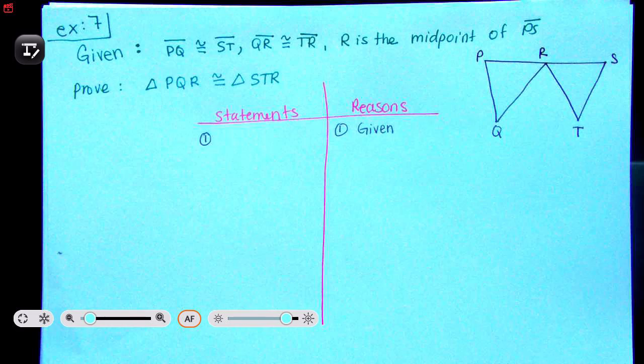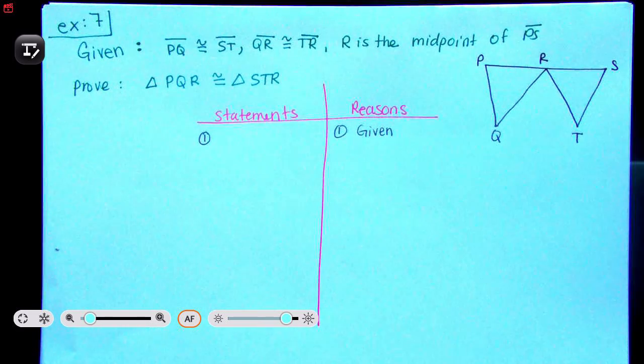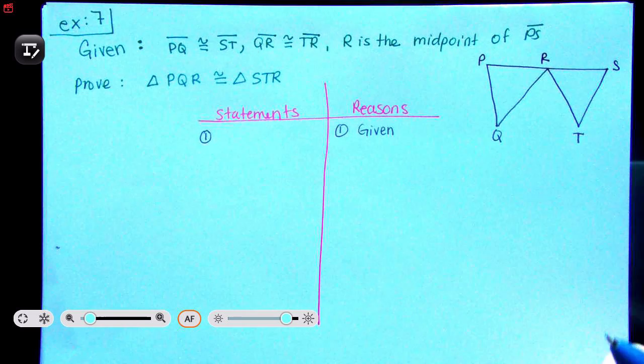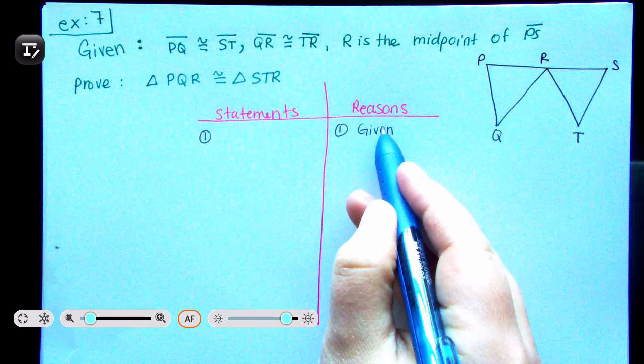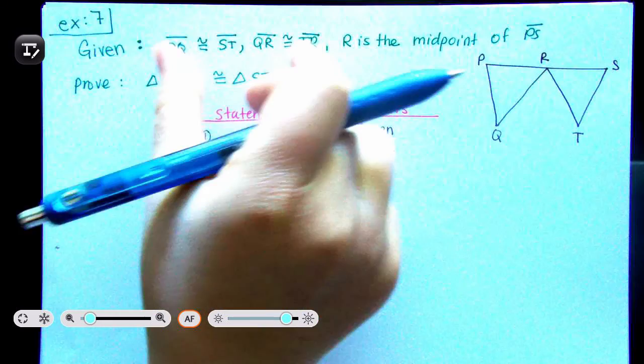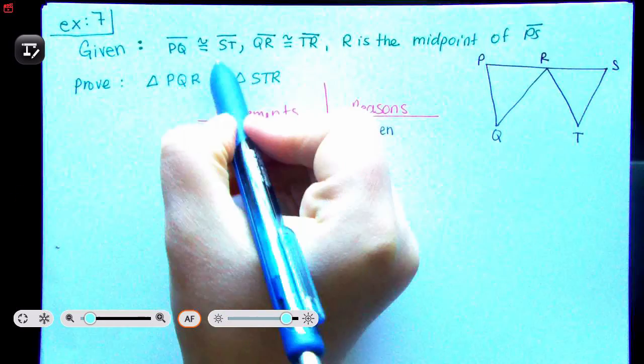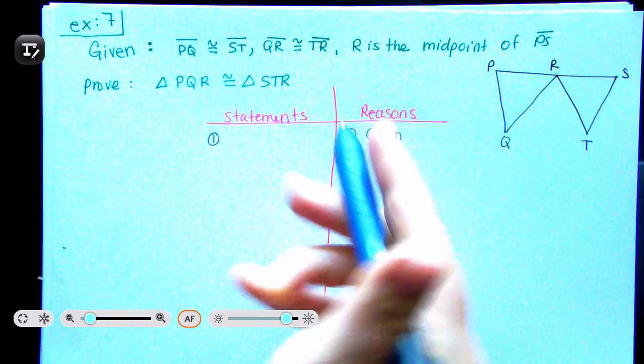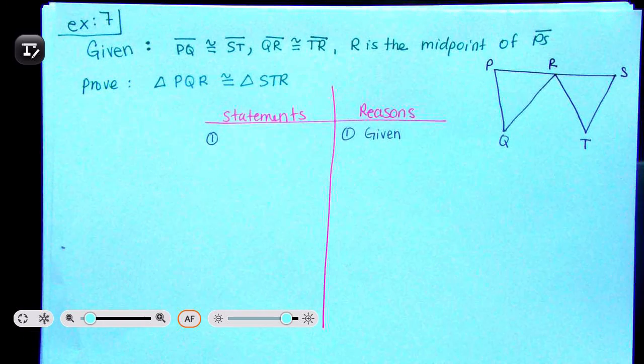Okay. Step number 1, as in our previous videos, is always mark it up. Mark up your triangles. That's exactly what I'm going to do. I'm going to mark it up with the given information. So what is given? Take each statement, copy, paste. Copy, paste, copy, paste.